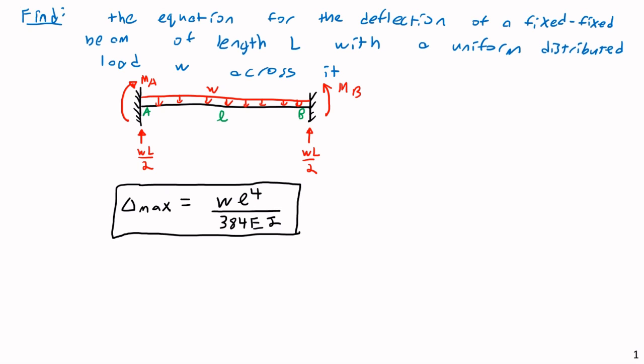But of course, the more redundancy you have, the more complex it will be. And just like here, if this hadn't been symmetric, then my vertical reactions wouldn't be symmetric, so I would need three redundant equations, and I would have needed to invert a 3x3 matrix to solve it. So, for example, instead of having a WL over 2 here, instead of having a constant W, what if I had a linearly decreasing load?